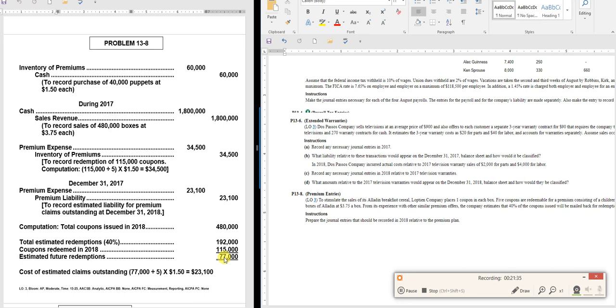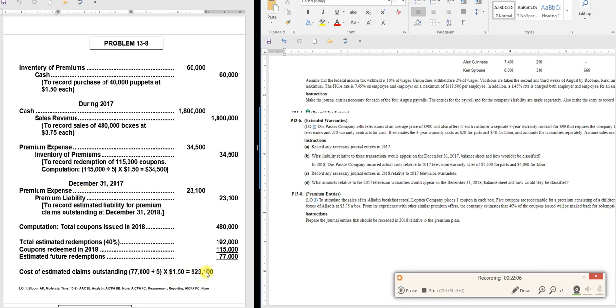Remember, in the matching principle, all of this has to happen in 2017. I need the premium expense, in essence, for 192,000 redemptions divided by 5, times $1.50. Okay, 115,000 is turned in, and this is yet to be turned in. So this is 77,000 divided by 5 times $1.50, which is $23,100.